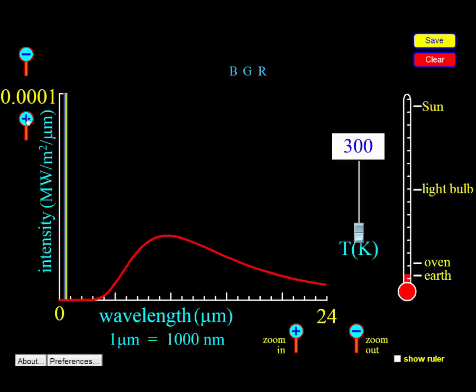It's a broader curve, and the maximum is not as sharp or clearly defined, but the maximum of emission is around 10,000 nanometers. Correspondingly, those are much lower energy photons. But nonetheless, the Earth is glowing, it's radiating off photons.